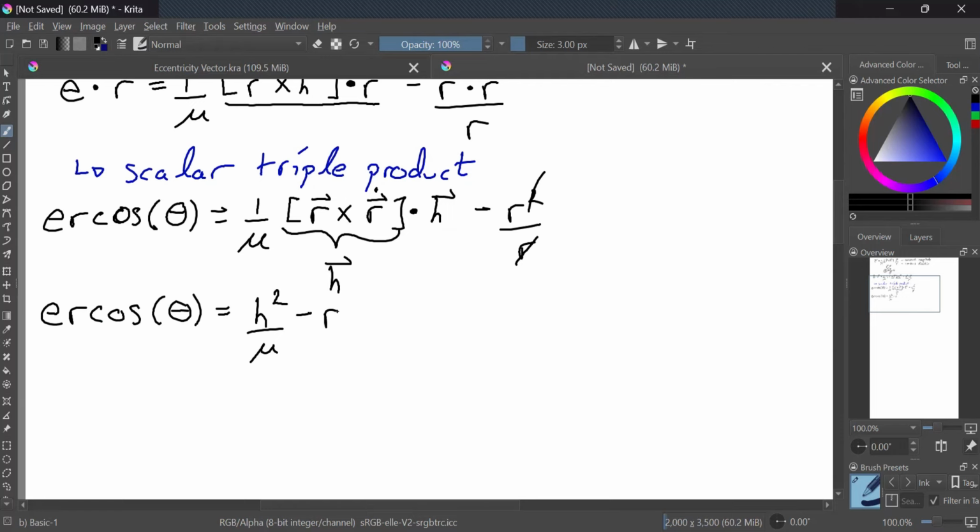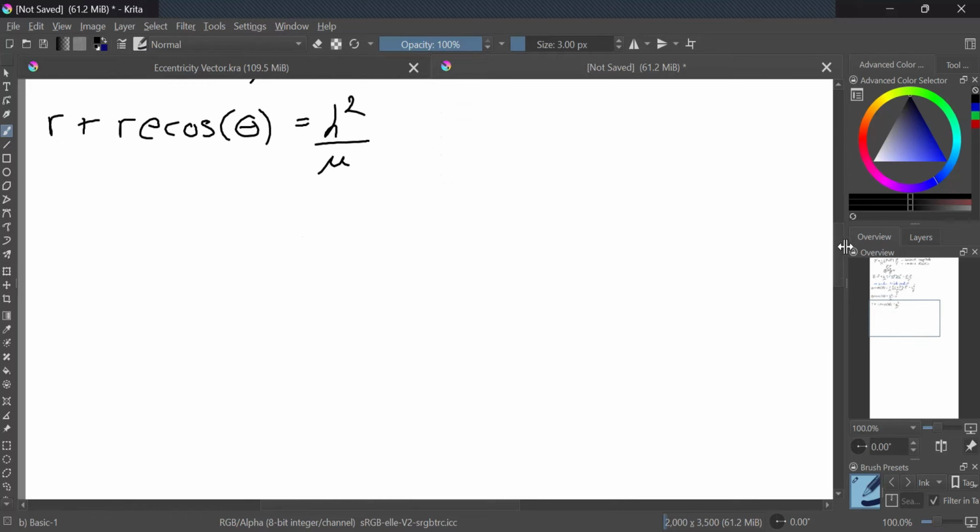All right, so we have a radius over here and a radius over here. Let's get them all on the same side. We have r plus re cosine theta equals h squared over mu. Well, we can actually take the radius out of that left-hand side equation there.